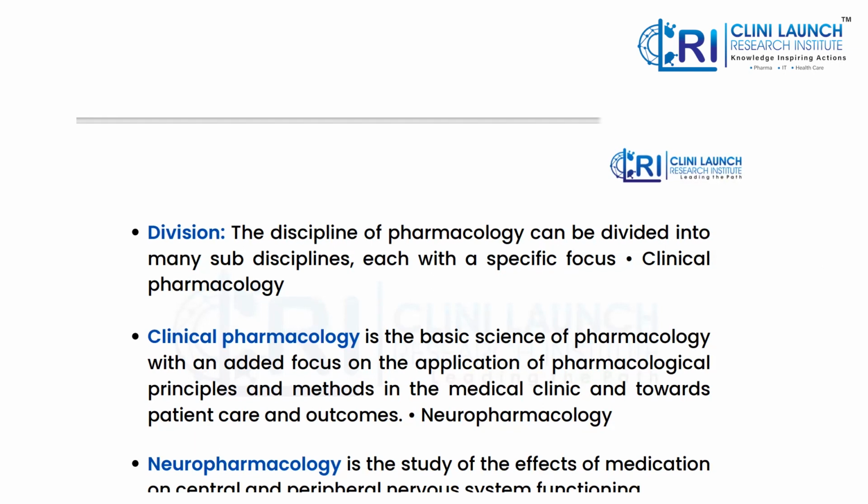For example, we can mention clinical pharmacology, wherein we are very specific about the scientific study of drugs, and also the simultaneous or concurrent investigations related to its pharmacokinetics and pharmacodynamics. Clinical pharmacology is the branch from where we derive the different surveillance programs and vigilance programs that are being conducted today. Okay.